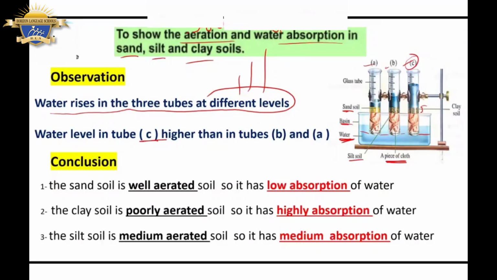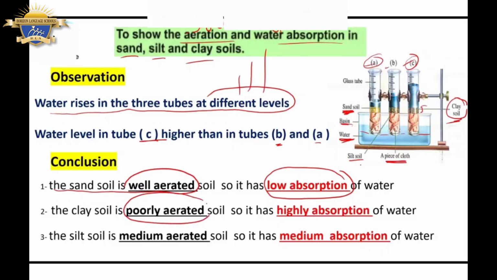Water level in tube C is higher than in tubes B and A. Now we can say that the sand soil is well aerated soil, so it has low absorption of water, and the clay soil is poorly aerated soil, so it has highly absorption of water.